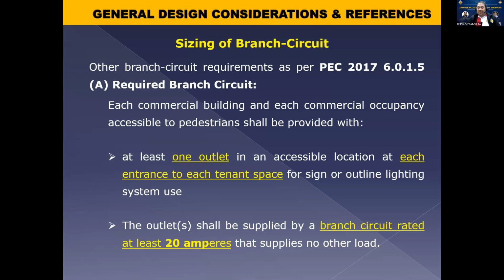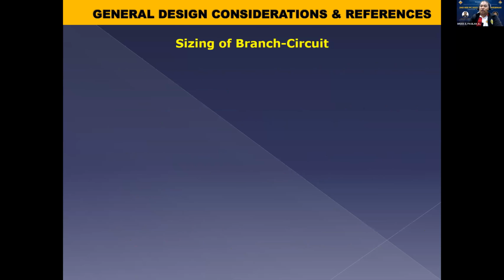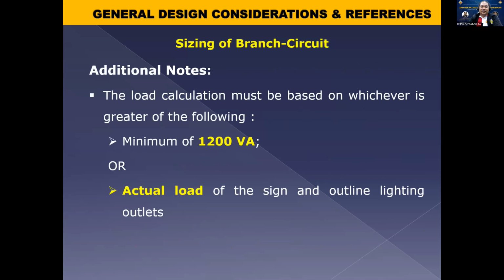So alam na natin yan, ha, hindi 15 amperes but 20 amperes yung mga signage branch circuit natin. Okay? And supplying no other loads. Wag mong haluin ng ibang loads. Okay? So sabi ko kanina, minimum of 1,200 VA, or kung actual load mas malaki, then use the actual load, no? Whichever is higher talaga.